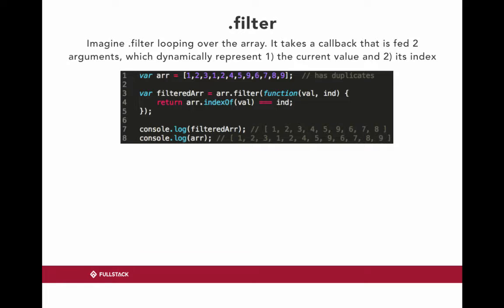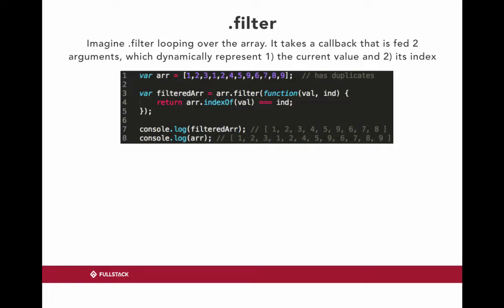So then, within here, you can use val and in, and each time val is going to be just the element that's in the array, the actual value. In is going to be the index that you're at. We talked about this method of filtering that we've done in for loops, and here it is in .filter. Now I'm returning array.indexOf, and I'm calling indexOf on val.